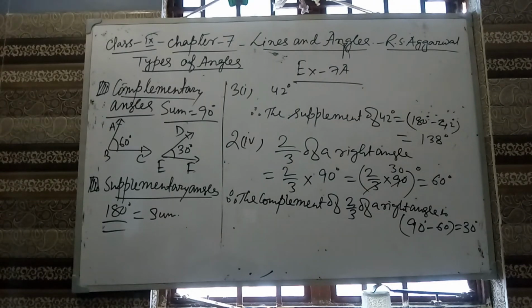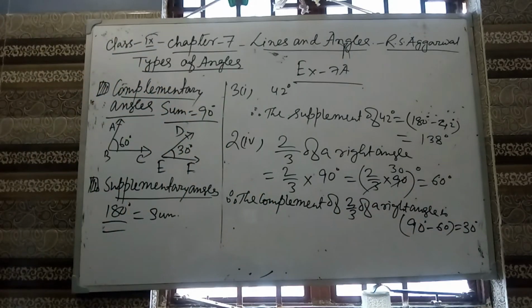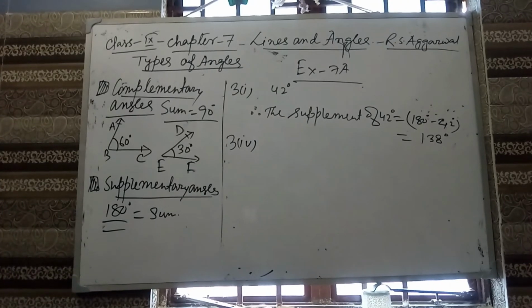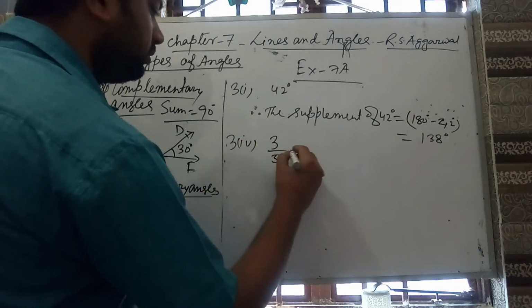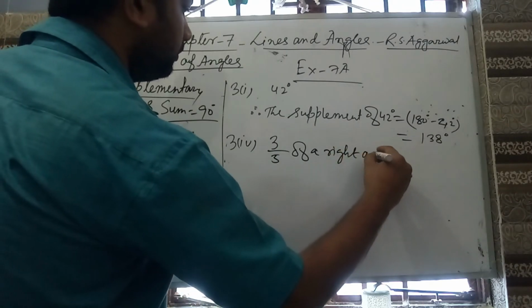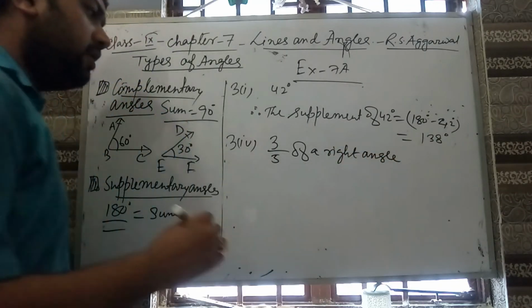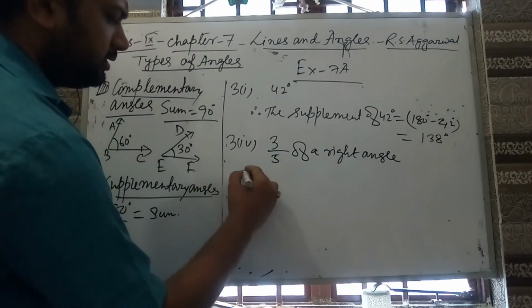Similarly, question number 3 Roman 4. What is given? 3/5 of a right angle. 3/5 of a right angle means a right angle is 90 degree.